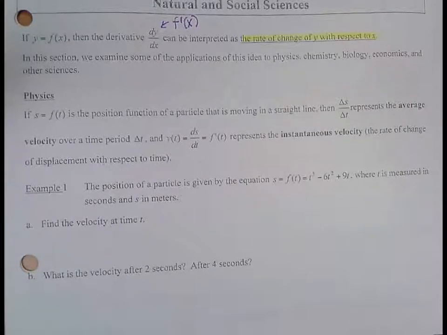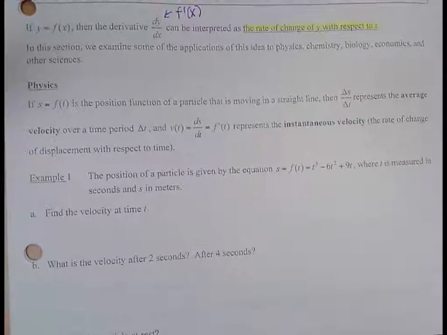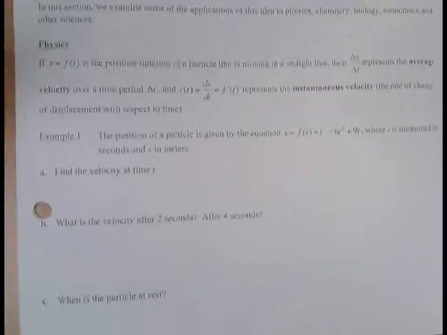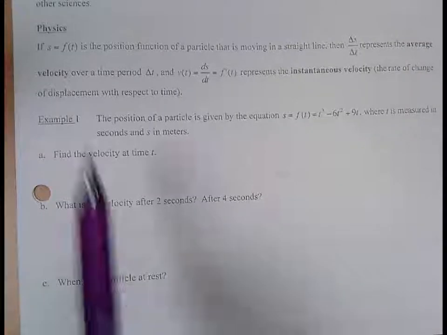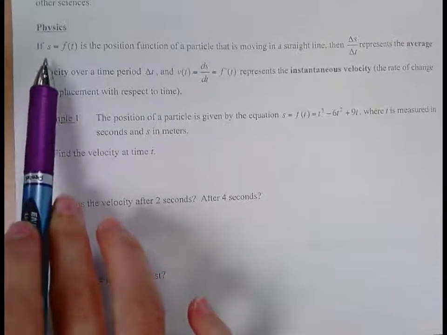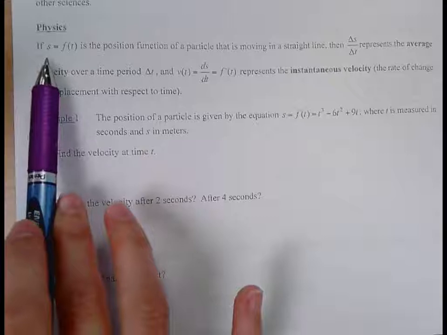So we're just looking at a few applications, certainly not every application, but I'm trying to pick out more common ones that you might see. And then just in general, some problems that you might see involving rates of change, just so you understand how derivatives apply. But the first example, as I said, ties in with physics. So I just have as a reminder for you that typically they use s to represent the position or the displacement.